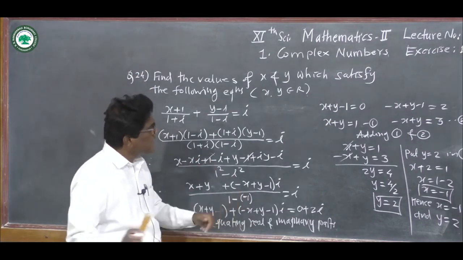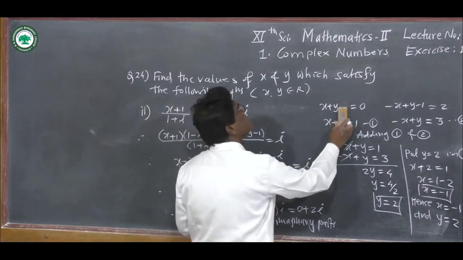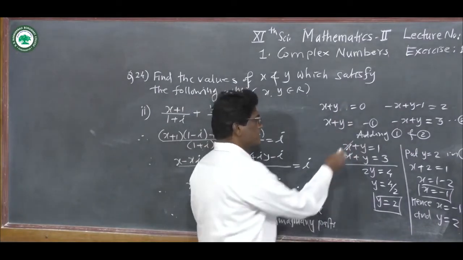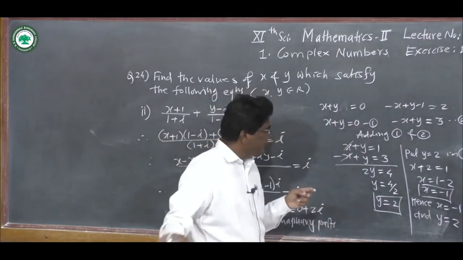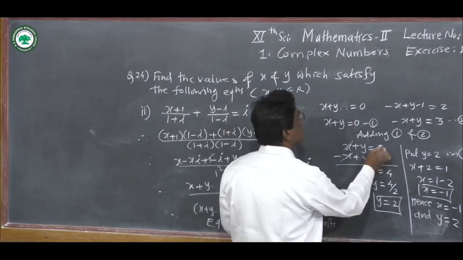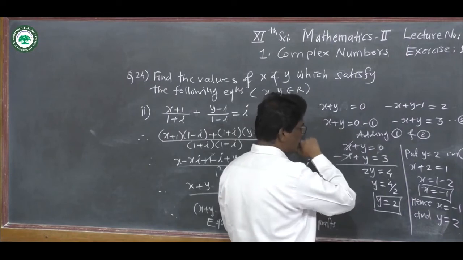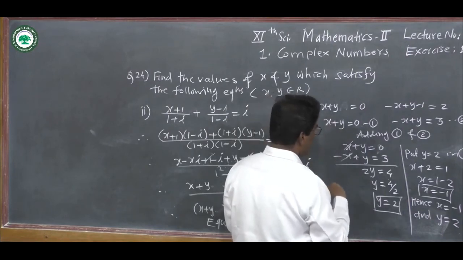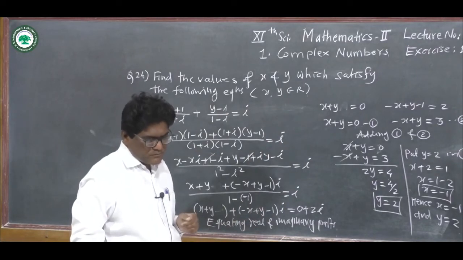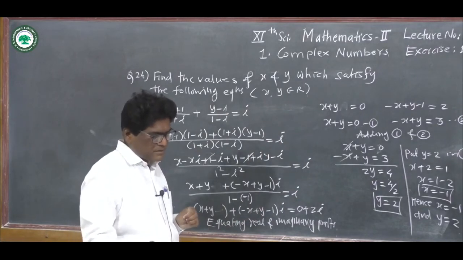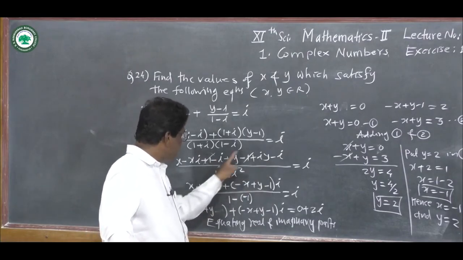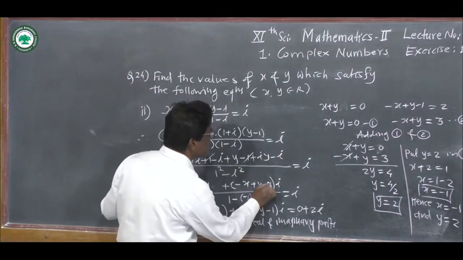So equating real parts and imaginary parts, here x plus y is equal to 0. And therefore we add this. So x plus y is equal to 0 and minus x plus y, minus i and minus i, minus 2.